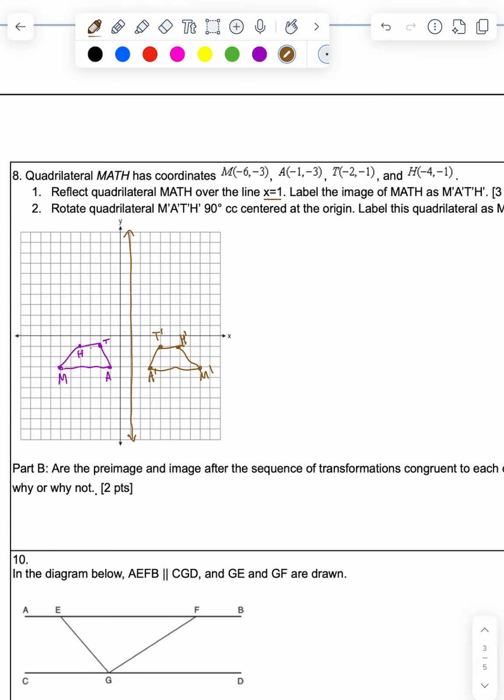And there we have it after reflection over the line x equals 1. And now we need to do a rotation. We're going to rotate 90 degrees counterclockwise, centered at the origin.